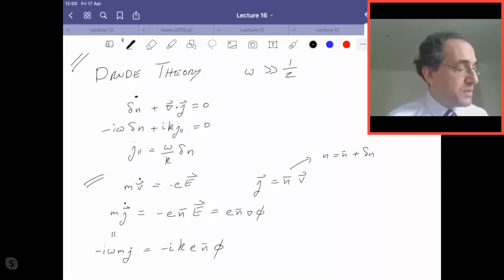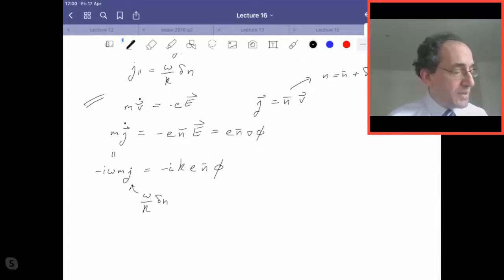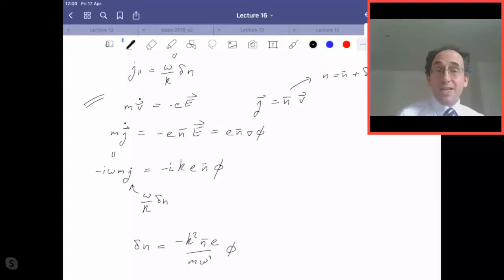So I turn the gradient into minus i k, and then I'm going to plug in this expression for j over here. So this j is then omega over k delta n, and in the end, putting all these together, I'll get delta n is minus k squared n bar E over m omega squared times phi. Exactly the same result. Okay, so you can get exactly the same result just from Drude theory.